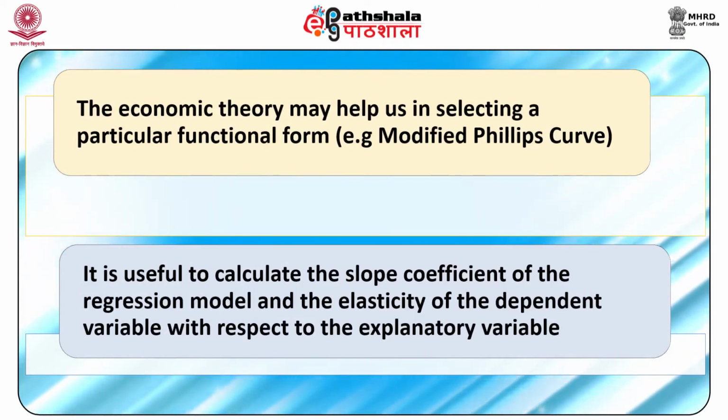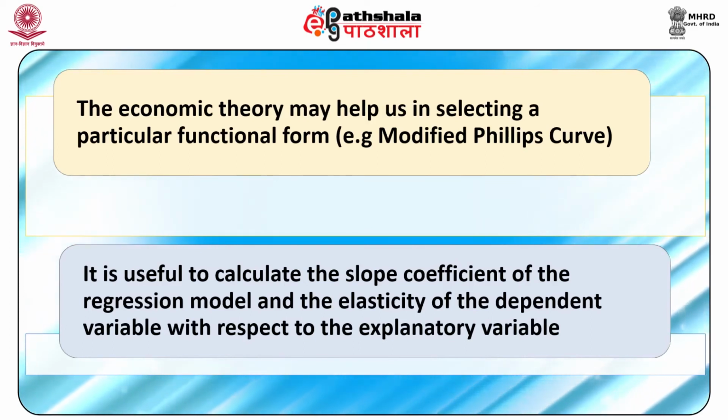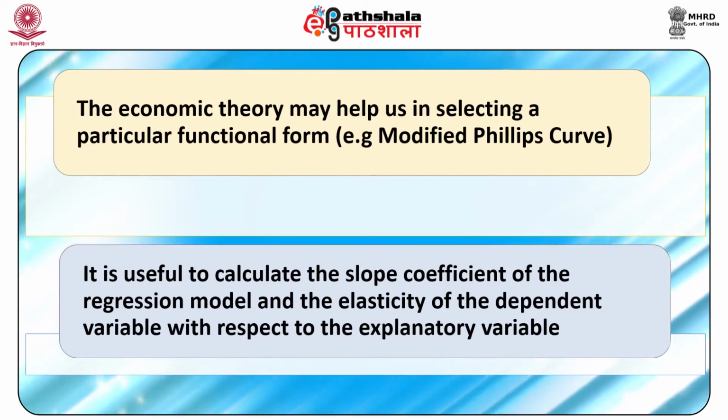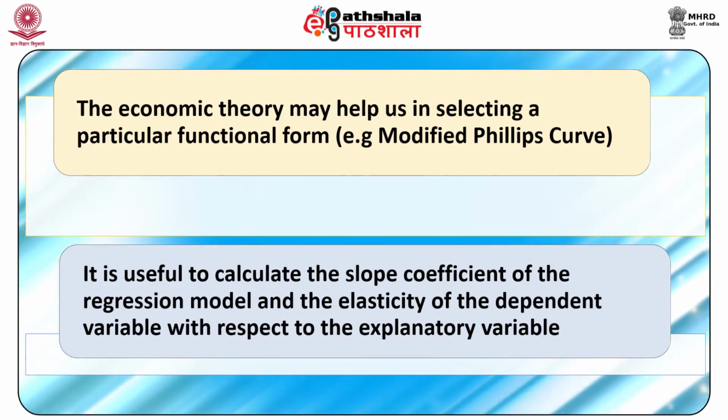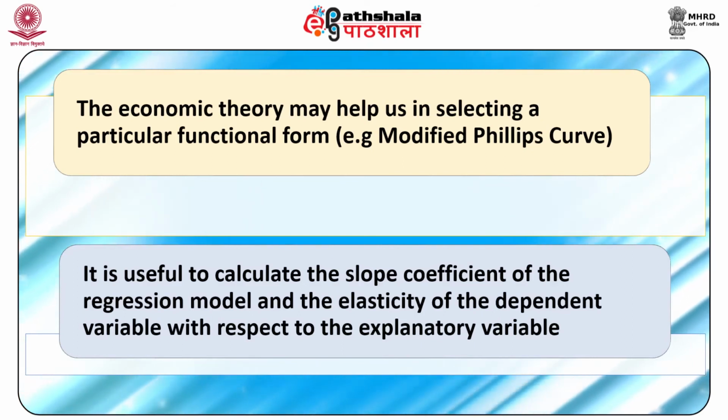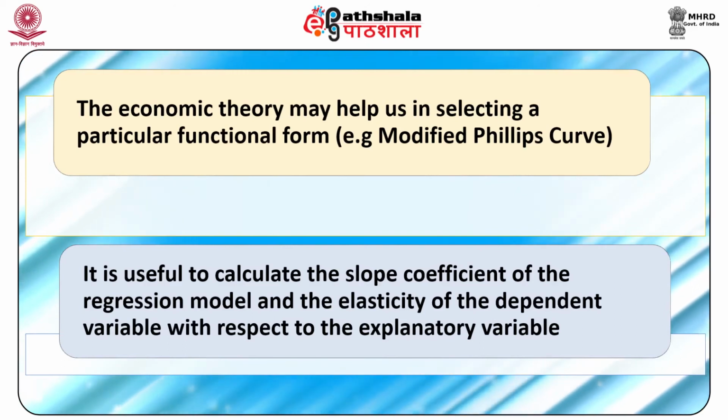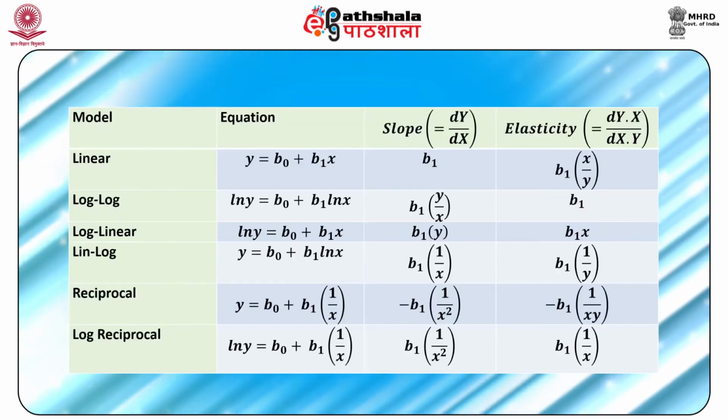The second guideline is that it is useful to calculate the slope coefficient of the regression model and the elasticity of the dependent variable with respect to the explanatory variable. Now, the following table may be of help in this.